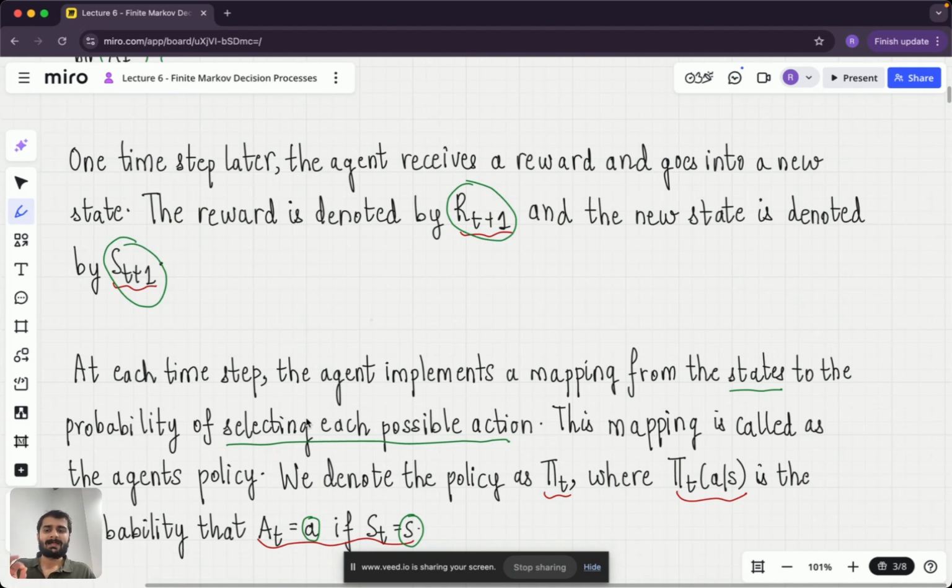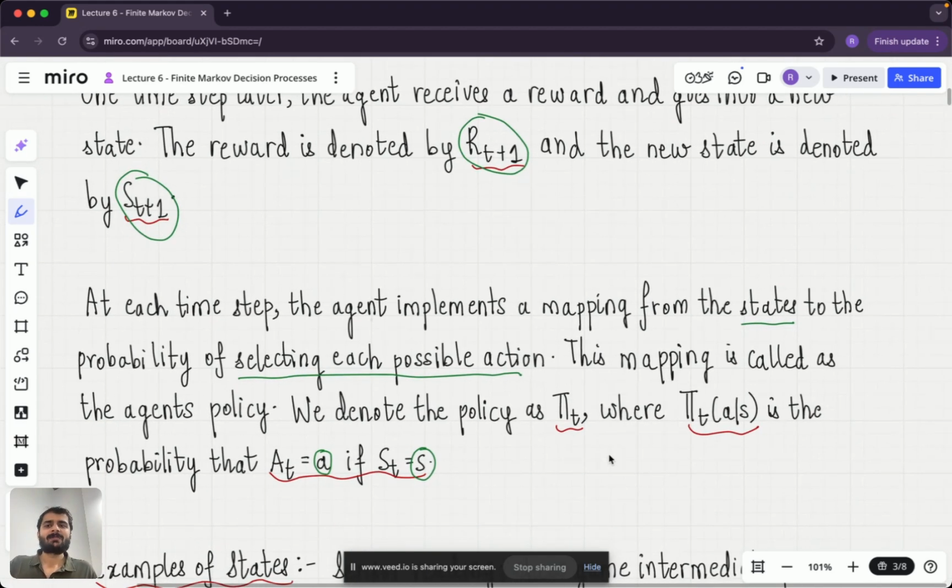And this mapping is called the agent's policy. So the policy is the mapping from every state of the agent to the probability of selecting each possible action from that state. So this mapping is called the agent's policy.